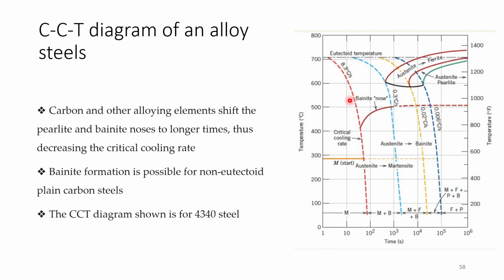Okay, and if you are cooling faster than this critical nose, which is near bainite, then you will only get martensite, and between this and this you will get austenite. This austenite will then be converted into pearlite, this will be converted into bainite and martensite, and the remaining is ferrite.